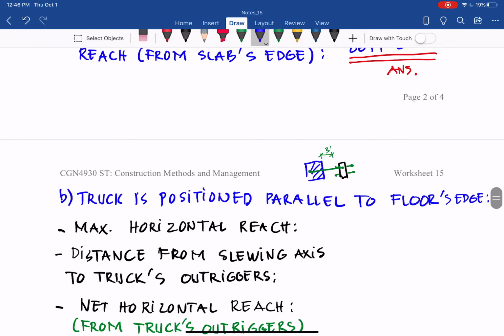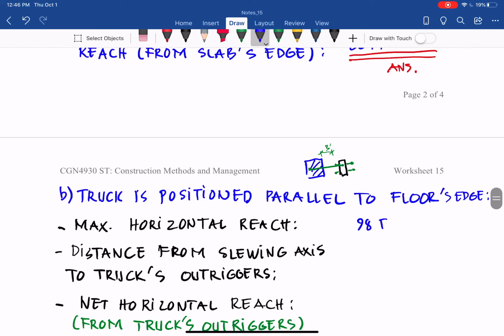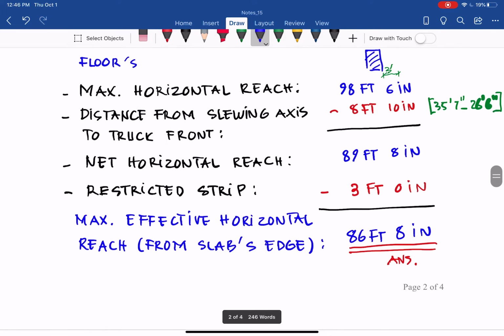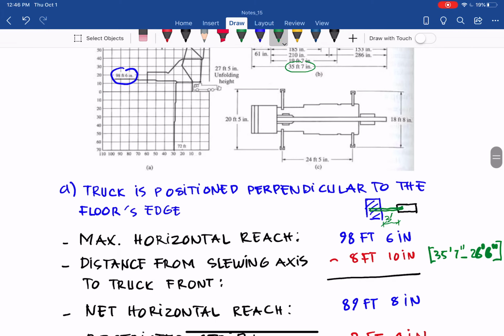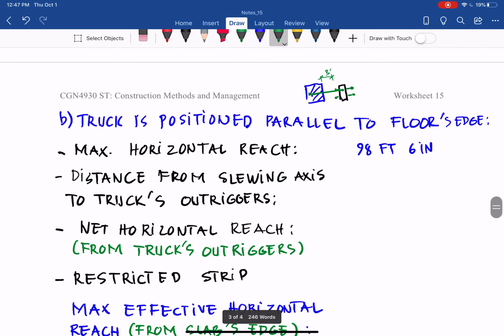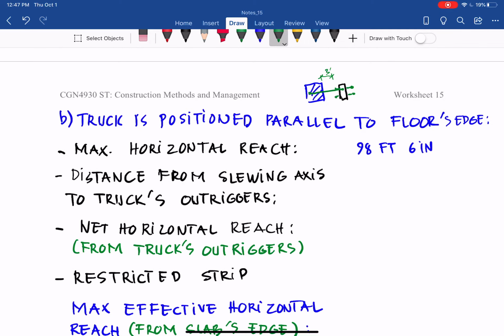So we have 98 feet 6 inches. And then the distance now from the slewing axis to the truck outriggers. That is the question. And we see the width of the outriggers on both sides is 20 feet 5 inches. So you can divide by 2 to get the question mark distance. So the distance from there to here is 10 feet 3 inches.